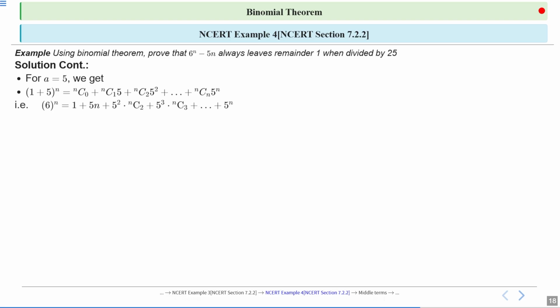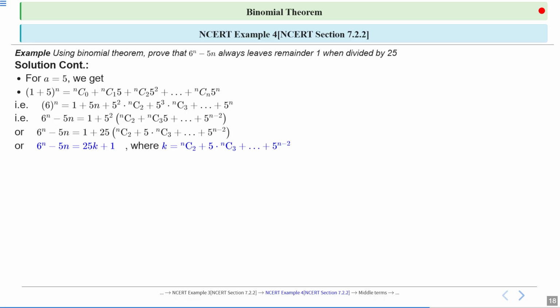That is, 6 to the power n is equal to 1 plus 5n plus 5 square times nC2 plus 5 cube into nC3 plus dot dot dot plus 5 to the power n. That is, 6 to the power n minus 5n equal to 1 plus 5 square times nC2 plus nC3 times 5 plus dot dot dot plus 5 to the power n minus 2. Or 6 to the power n minus 5n equal to 1 plus 25 times (nC2 plus 5 times nC3 plus dot dot dot 5 to the power n minus 2).